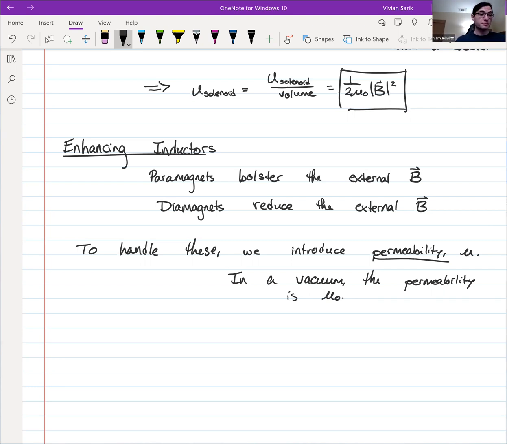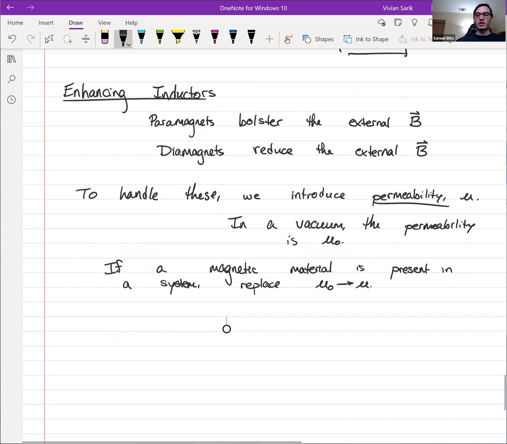So just like with electricity, if a material with some interesting permeability is present inside a solenoid or in any system with a magnetic field, all we have to do is replace mu naught with mu, where mu is just the permeability of that magnetic material.